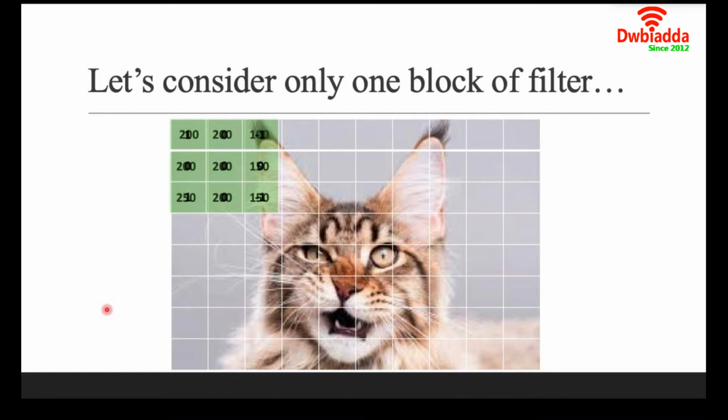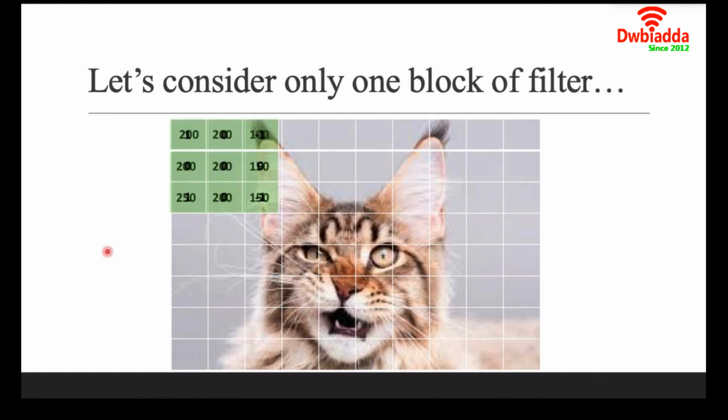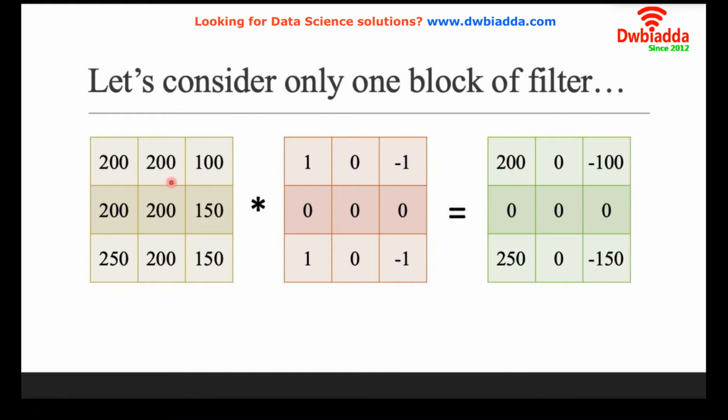Now we superimpose the filter on top of the image. Like I said before, you need to understand that convolution is the superimposition of 2 functions. So one function is this image, other function is the filter, and when we superimpose those two, we basically multiply them and eventually we have something like this. If we multiply these two, it's just an element-wise multiplication. So 200 multiplied by 1 is 200, 200 multiplied by 0 is 0, 100 multiplied by minus 1 is minus 100, and so on. And like that, you get this output.